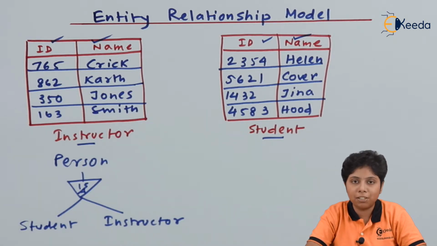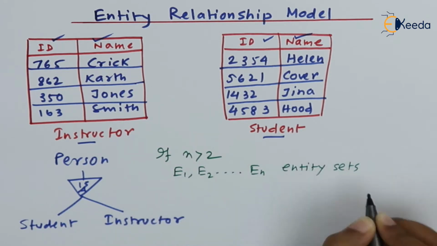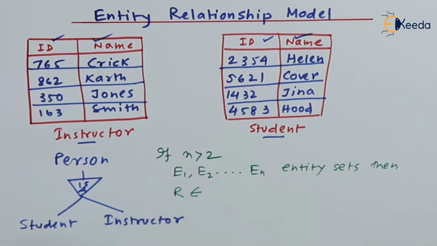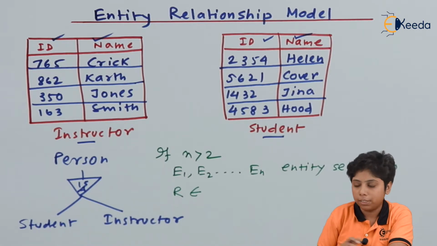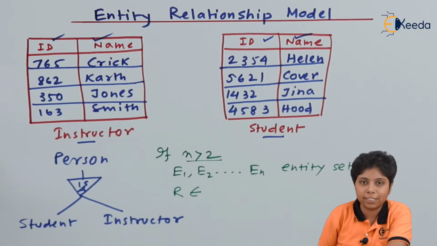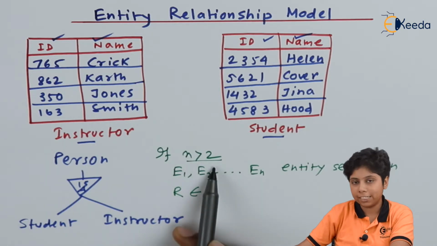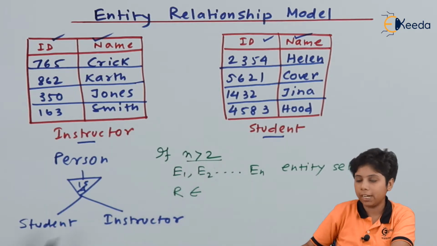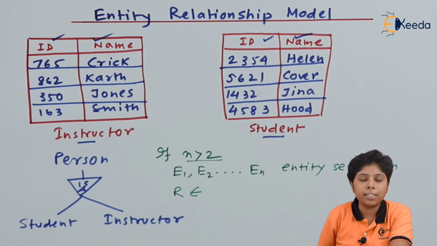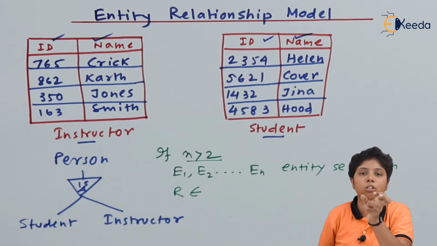So we can formally define it as follows: n is greater than or equal to 2, that means the number of entities is at least 2. Obviously, because if there are no two entities, then we cannot establish a relation between them. So E1, E2 to En are the entity sets, and R is the relationship set, so that every relation belongs to the entities.